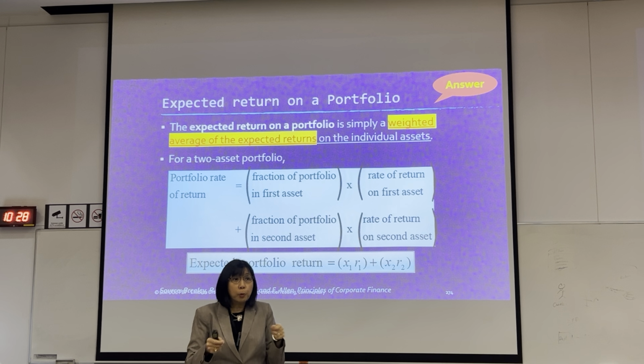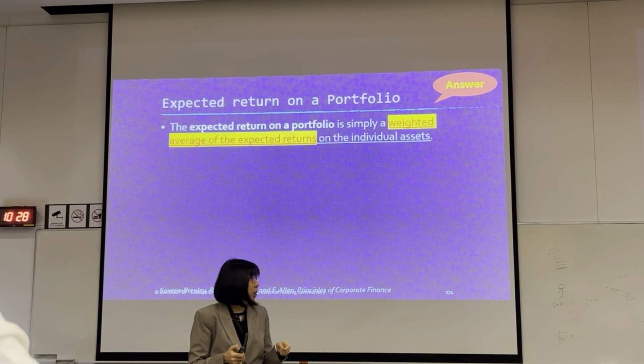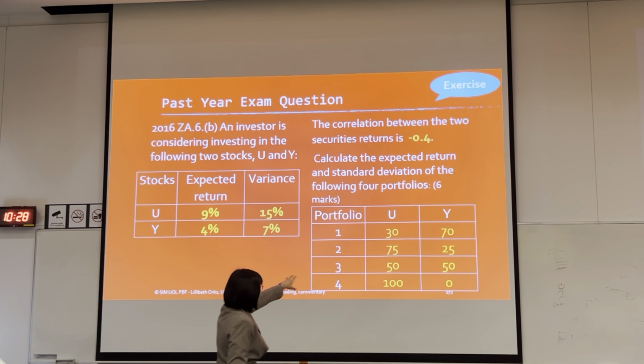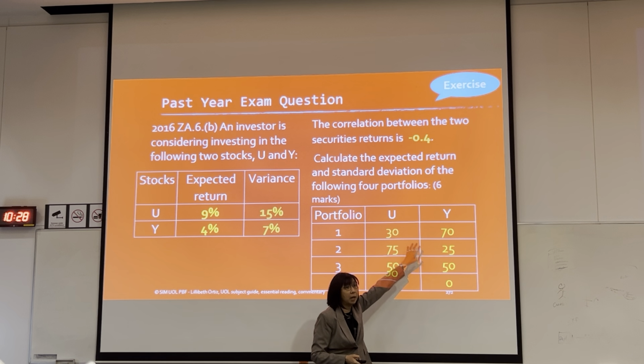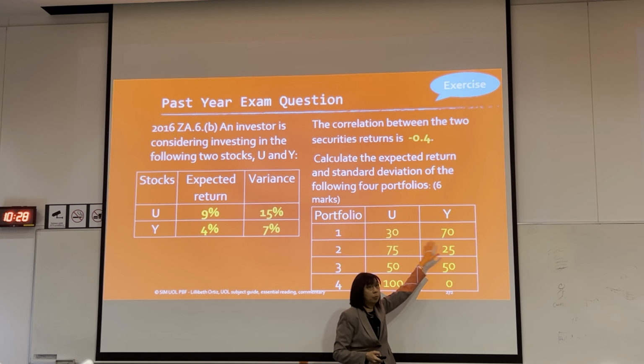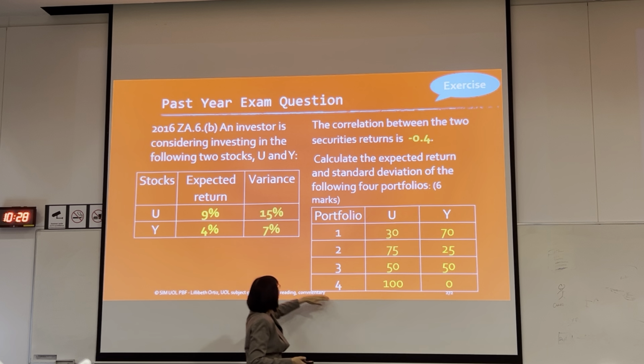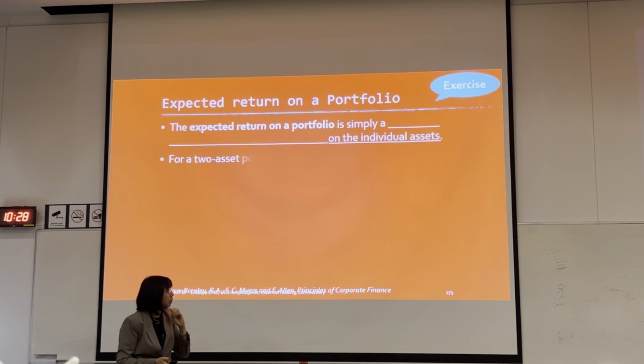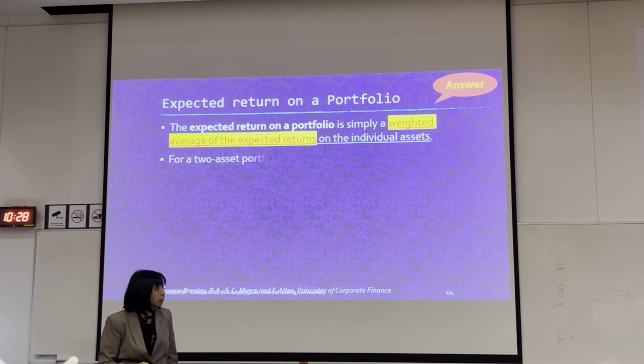But each portfolio has different weights. As we said, you have different possible proportions here. So these are the weights x1, x2 for your 4 portfolios, and these are your expected returns.